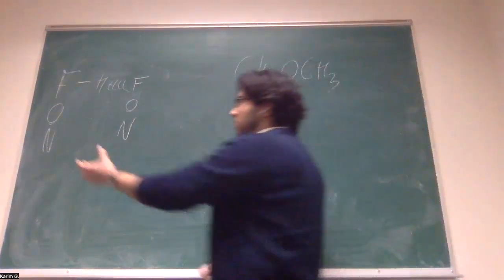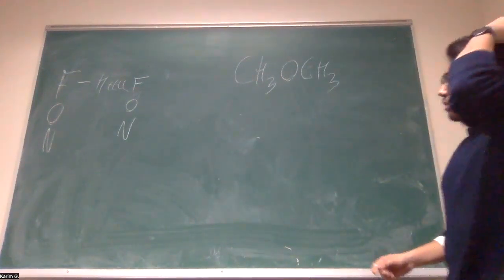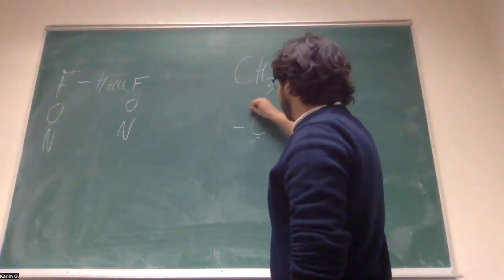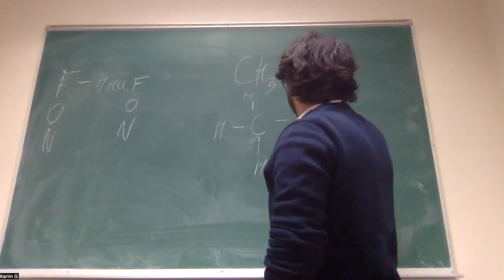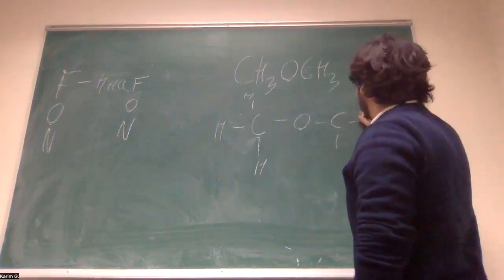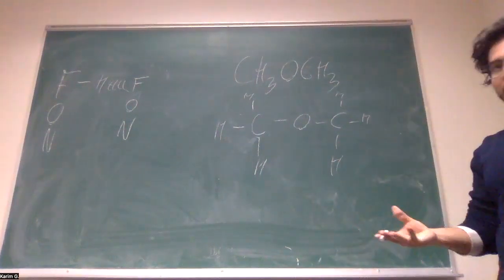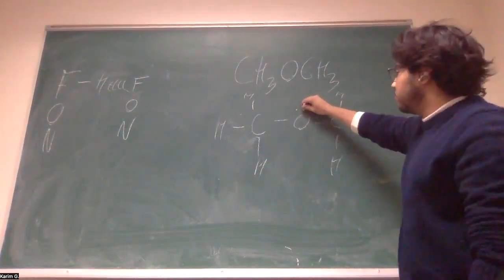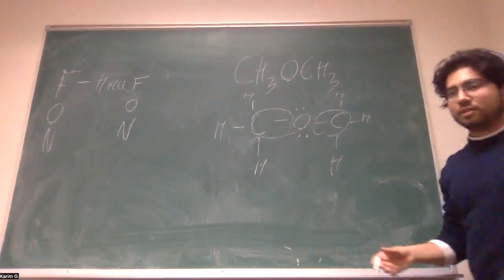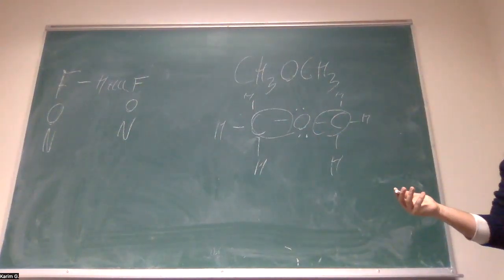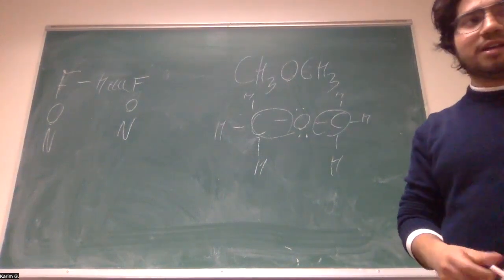Remember, one of the criteria is to have a covalent bond to an H. So if we were to expand this, we'd have something like this. Even though we do have lone pairs, there's no covalent bond to an H. It's A. Any questions so far? No? Okay.